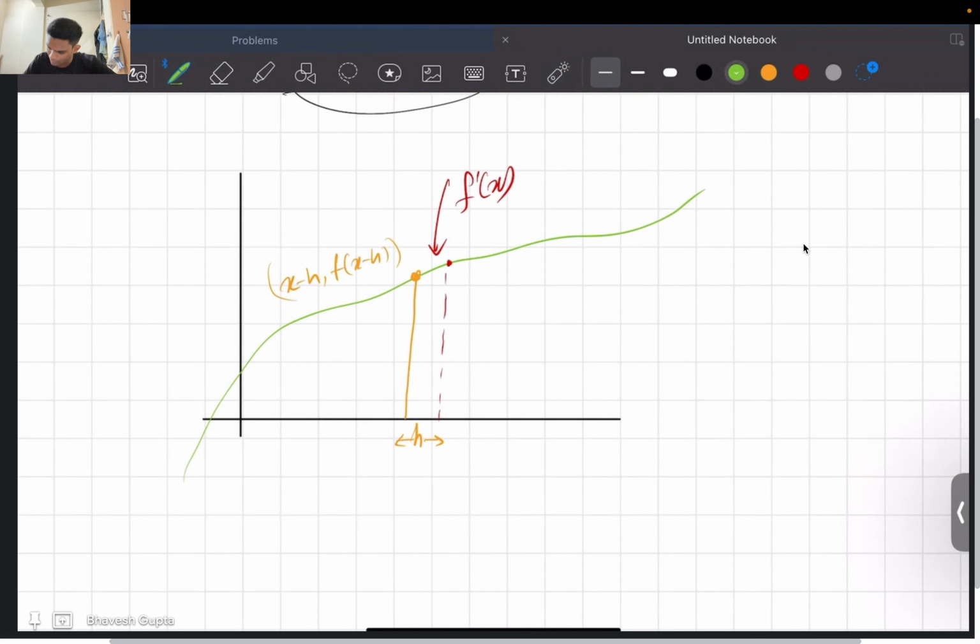Then you take another point, which is also h distance away from this x. So this is your x, this is x plus h, x minus h, and in this case it is x plus h, f of x plus h.